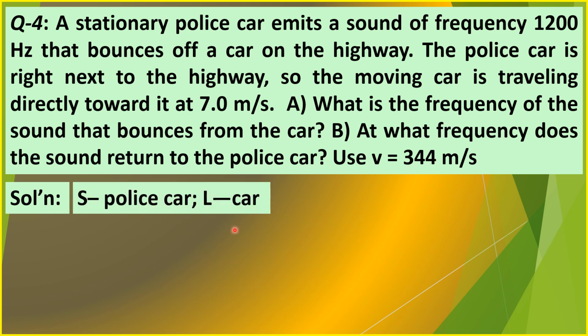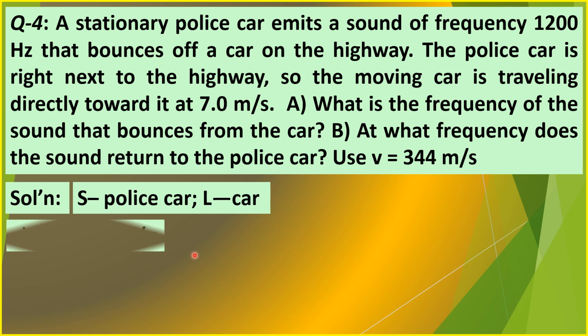A. This question involves what we call a double Doppler effect. The first part of the double Doppler effect is for us to consider the police car as the source of sound while the car is the observer or listener.